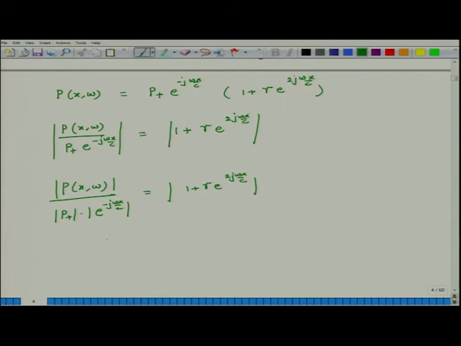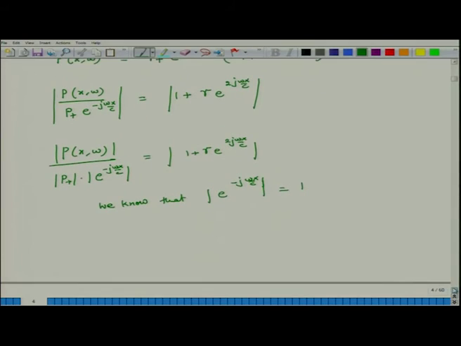Now, we know that the modulus of e to the minus j omega x over c is 1, because when I express e to the power of j times something, there will be a cosine term plus j times a sine term. So, the modulus will always be 1. So, I can say that the modulus of P of x, omega divided by P plus equals the modulus of 1 plus gamma e to the 2 j omega x over c.